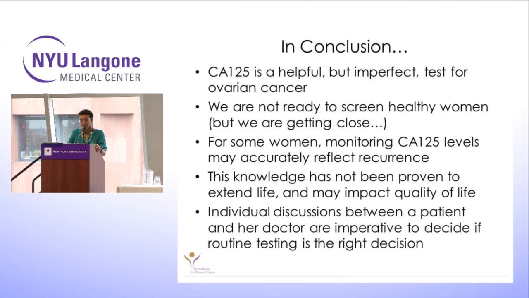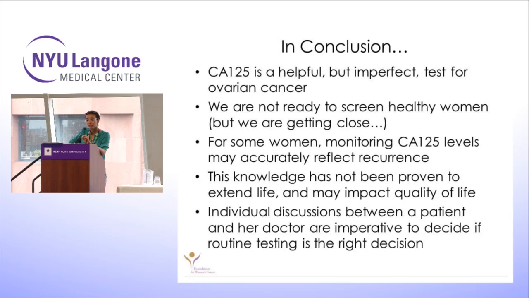So, to wrap it up, CA125 is a very helpful but certainly imperfect test for ovarian cancers. I'll say, for Dr. Levine is here, we're not yet ready to screen healthy women, but we are getting awfully close. And so I think there's a lot on the horizon for that, and I think something is coming.